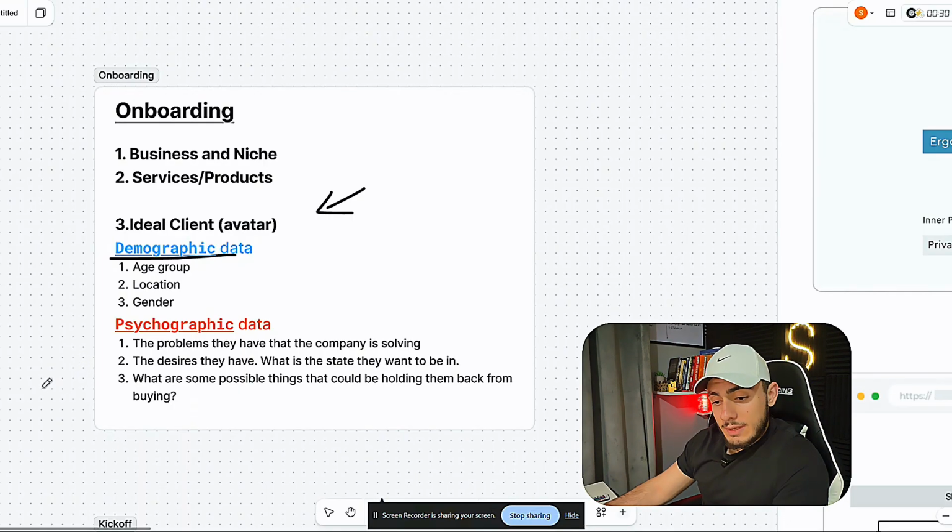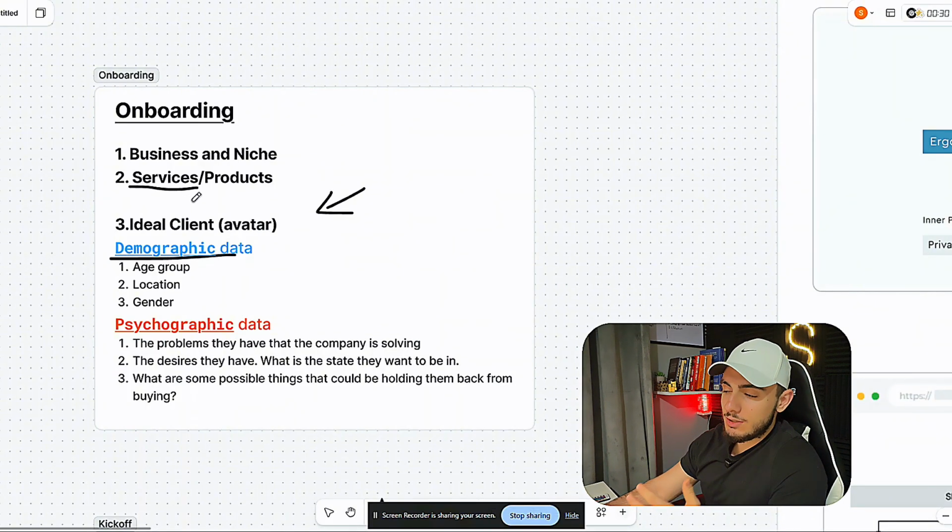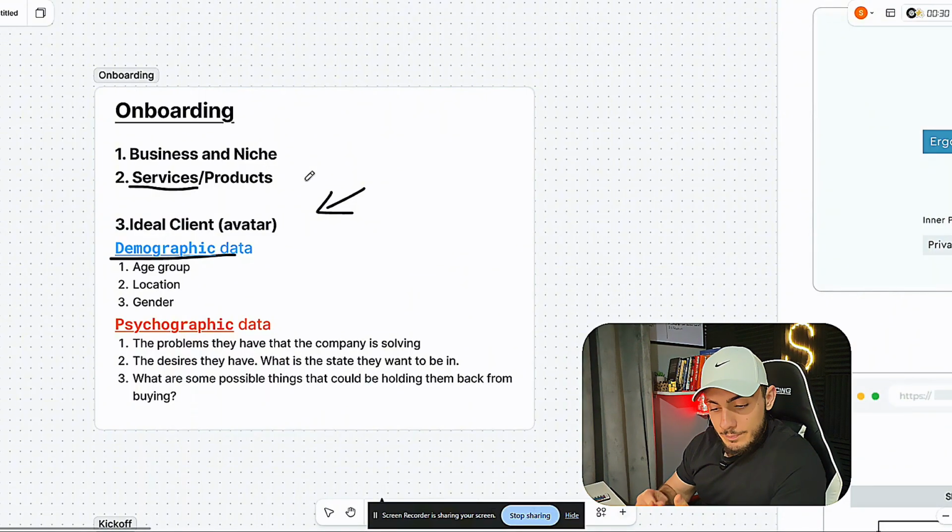And also, when you're asking them about their product or service, make sure to get more details than just the surface level information. So let's say they're a realtor and they're helping people buy and sell homes. Ask them to go deeper into what happens during the service.